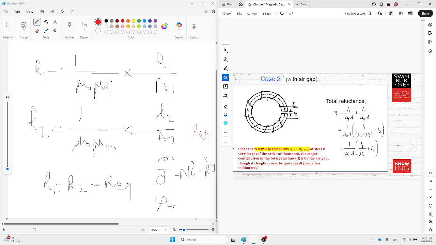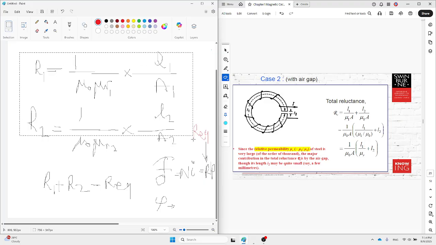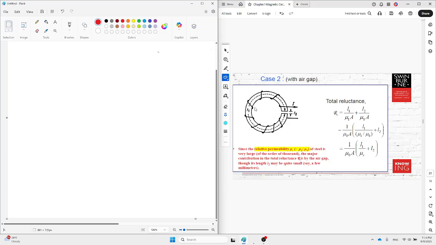Another circuit, case 2. Let's consider case 2. In case 2, we have the same, but here we have an air gap. So how can we calculate the reluctance here? We know reluctance number one.